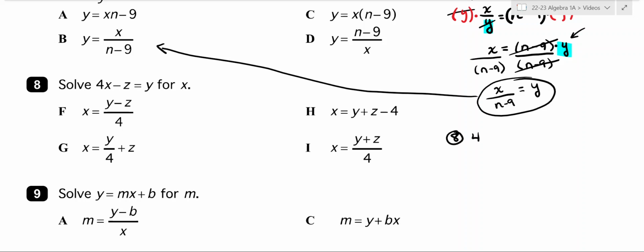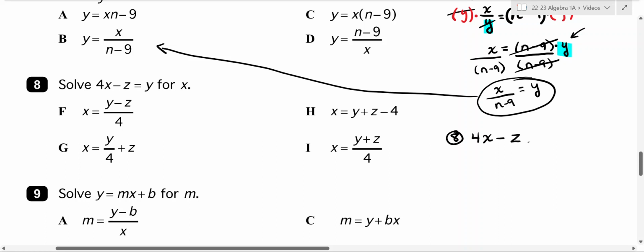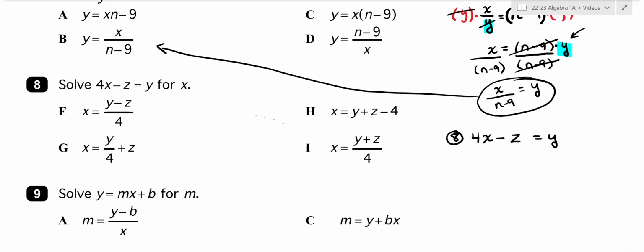We have 4x minus z equals y. And we want to solve this for x. Okay, this one isn't so bad. Right? So this is the term that has x, which means this minus z has to move to the other side.